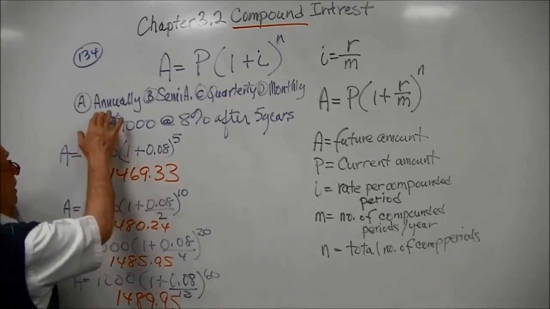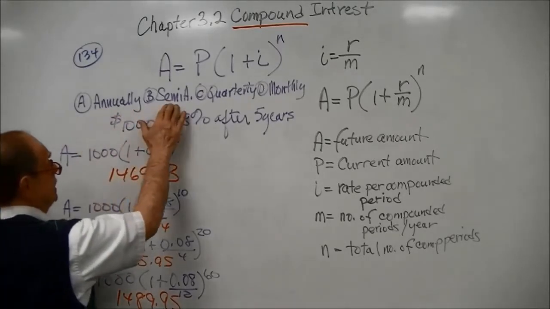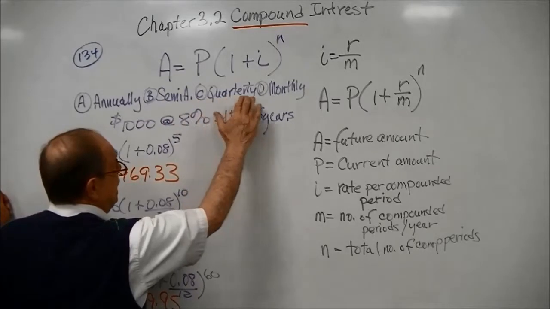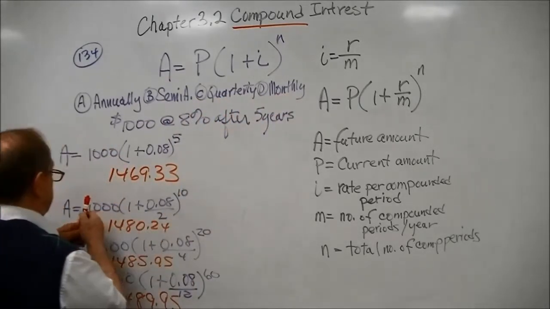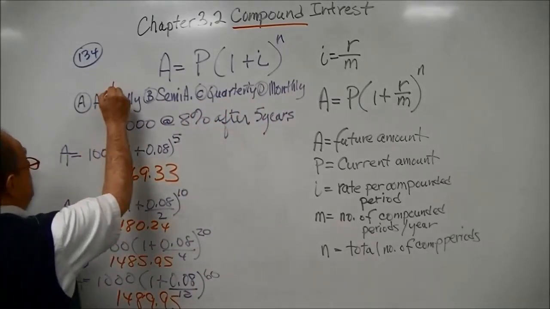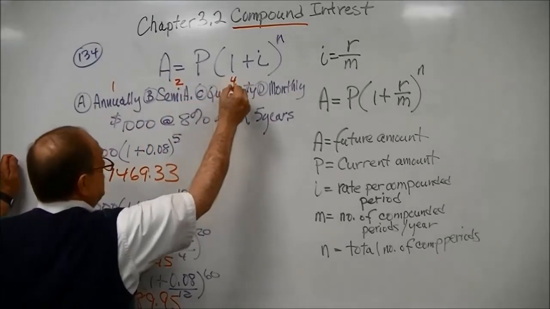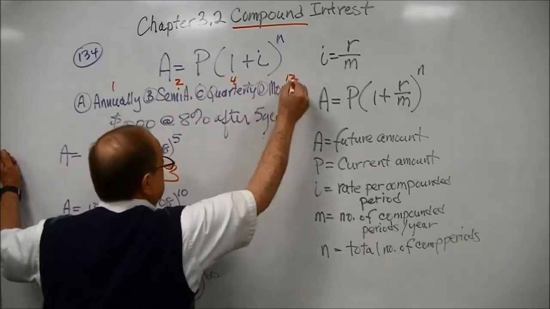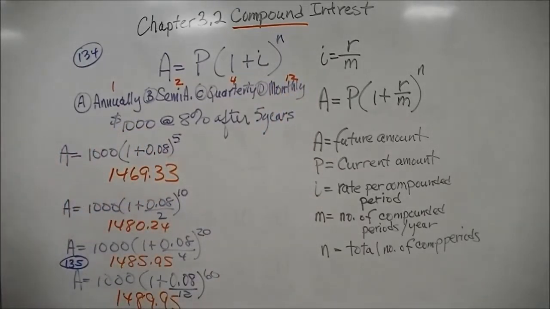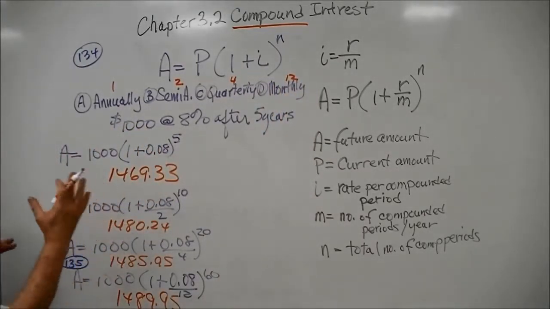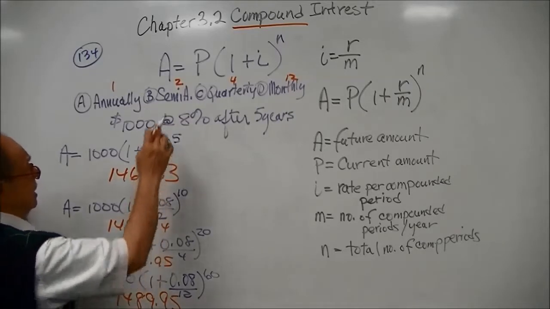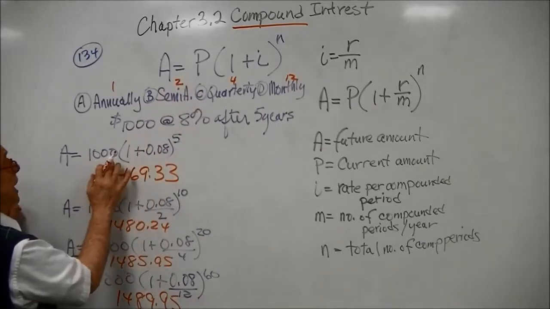And by the way, we're going to look at it annually, semi-annually, quarterly, and monthly. Remember, this is 1 time a year, this is twice a year, 4 times a year, 12 times a year. So we do some substitution. Our principal we know is $1,000.